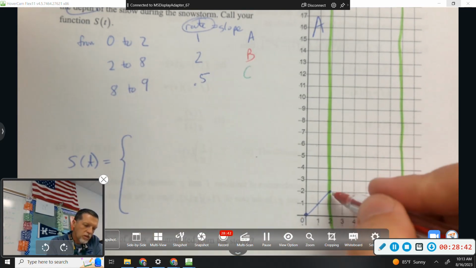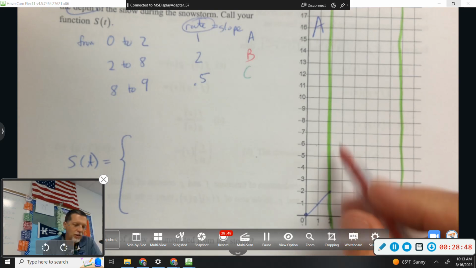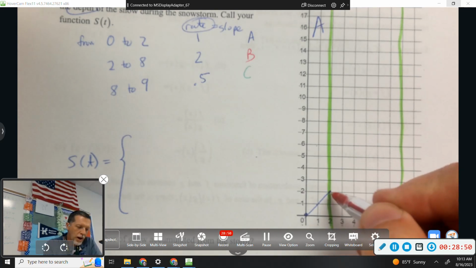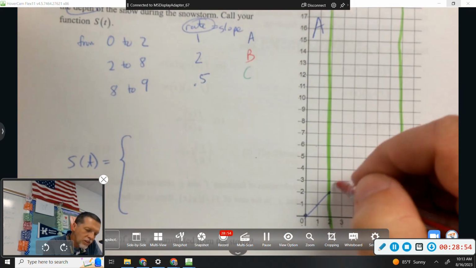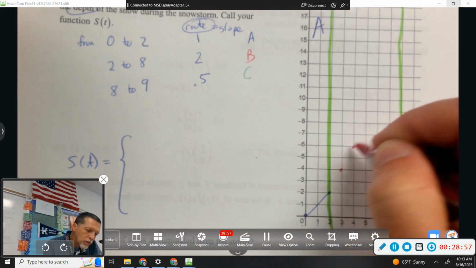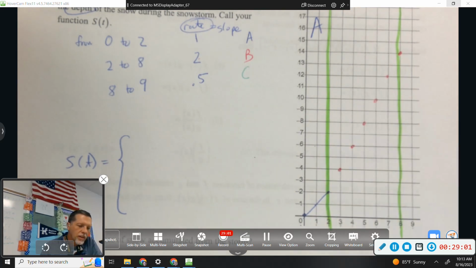So I'm going to start where I left off, right? I can't be jumping around, like height of snow doesn't just automatically jump somewhere. After 2 hours, there's 2 inches of snow. But then my slope is increased to 2. I'm going to go up 2 over 1 until I get to the wall. And I'm not really concerned about open circles and closed circles at the wall because it doesn't matter who claims it.